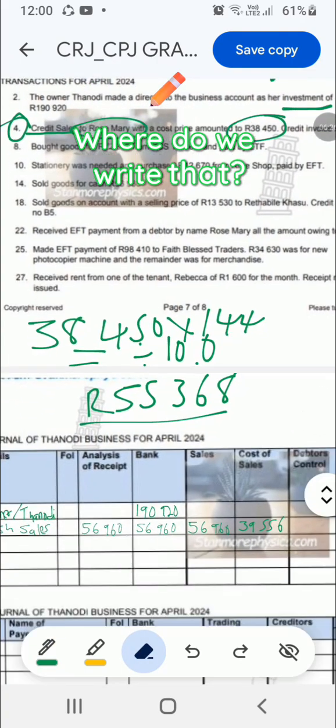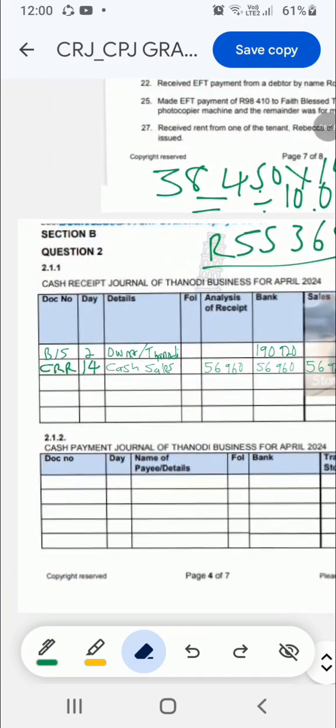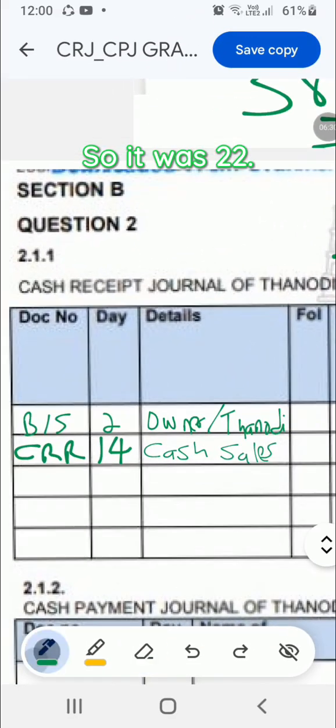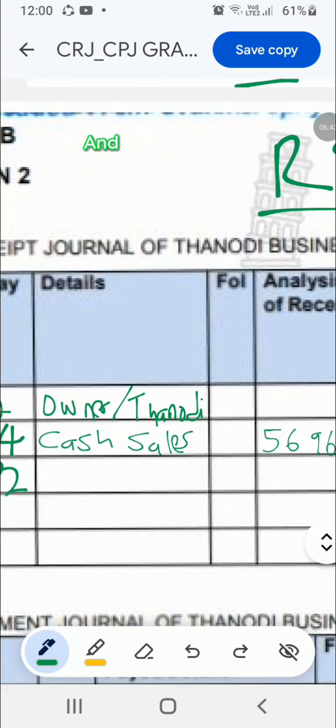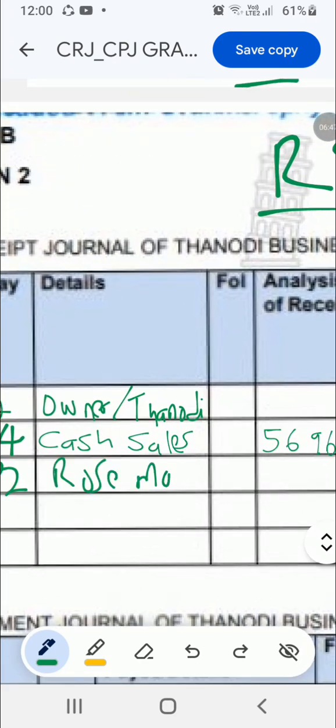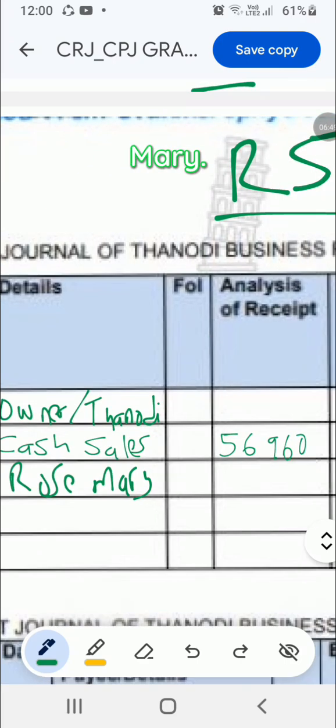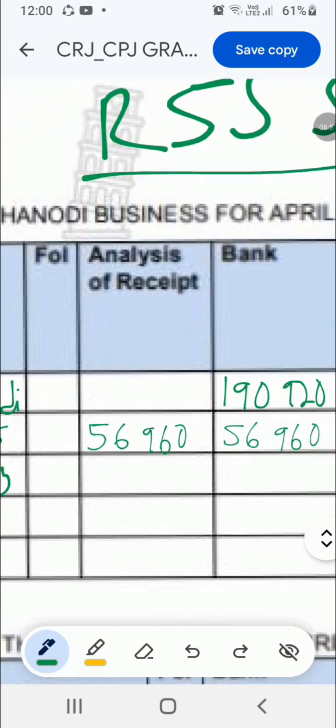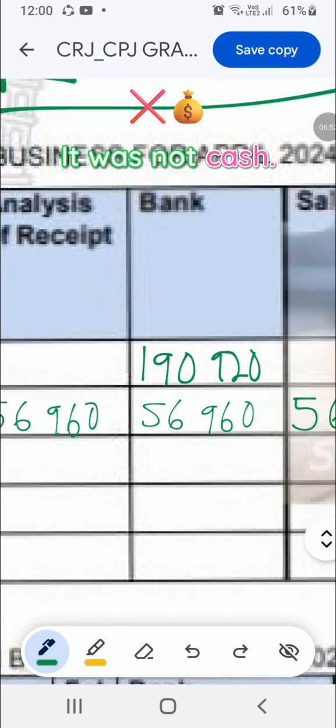Where do we write that? So it was 22. We go to the next row and then we write 22, that's the date. We write that there, and then her name is Rosemary. Analysis, nope. It was not cash.